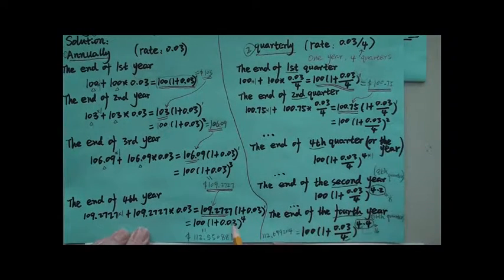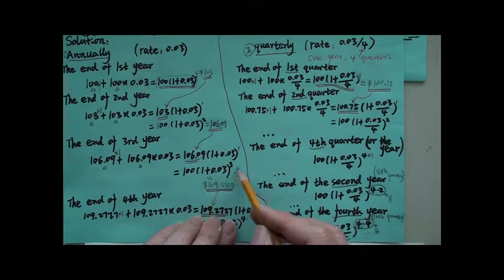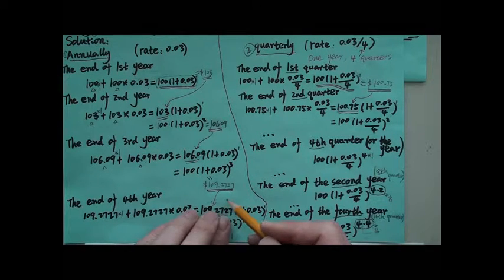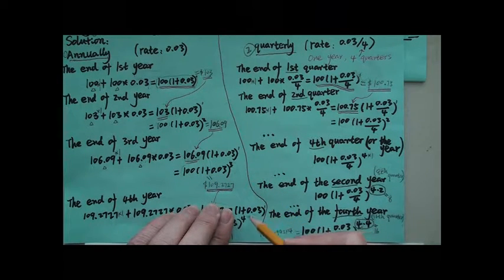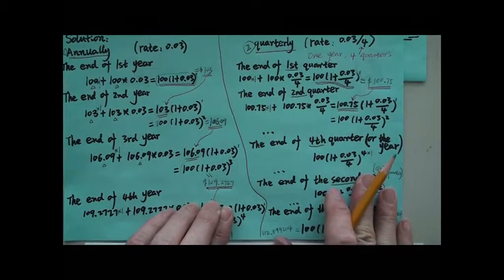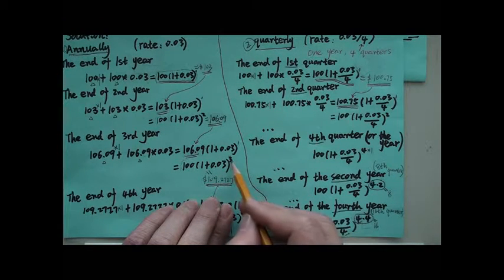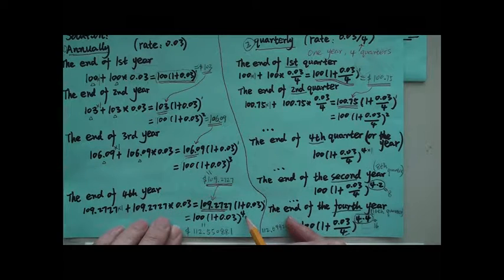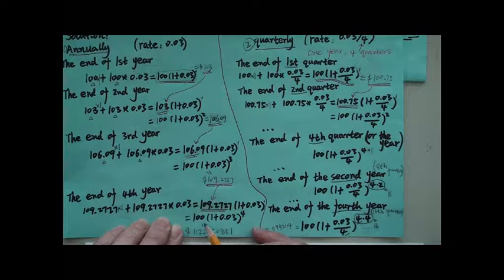Then you will have 1 plus 0.03, and 109.2727 is this one, so you may replace 109.2727 with this bigger quantity. So you can see 1 plus 0.03 cubed times that. Here is 3, here is 1, so together is 4. And keep this 100 down here.